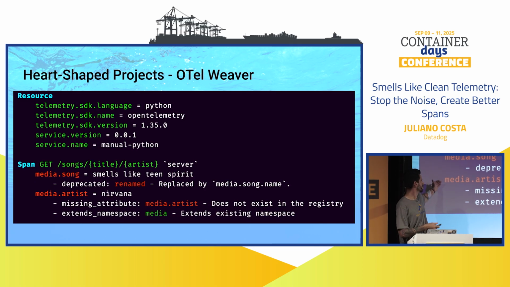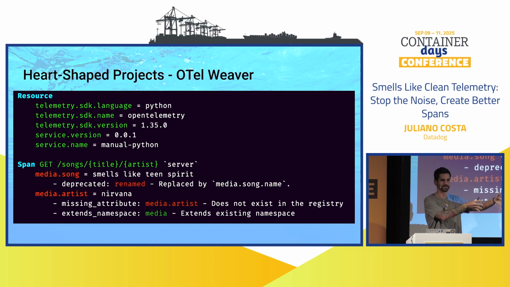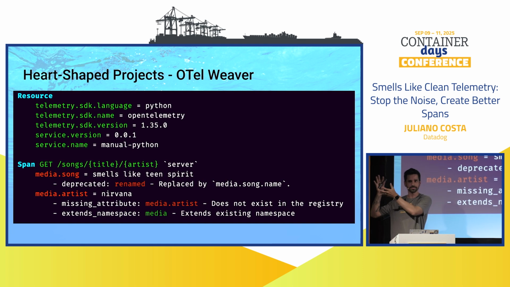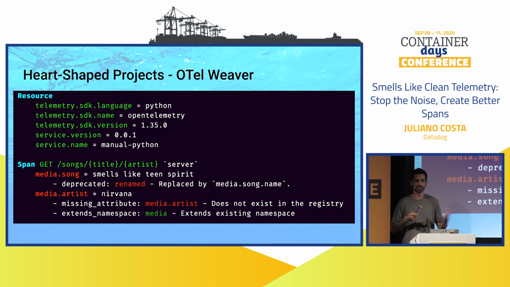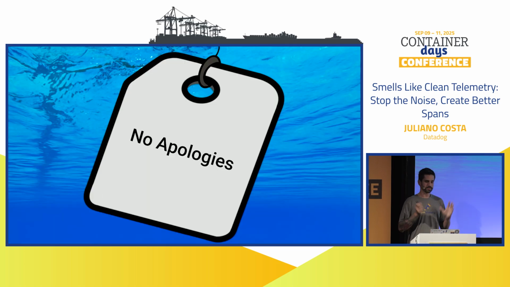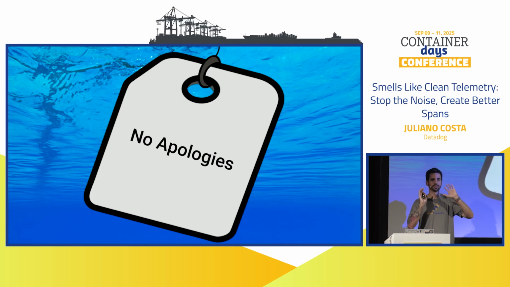And the second one, the user is using media artist, and Weaver is telling, hey, this attribute doesn't exist in the registry. So either go check the attribute that exists, or use it, or request a ticket so we can include that in our attributes.